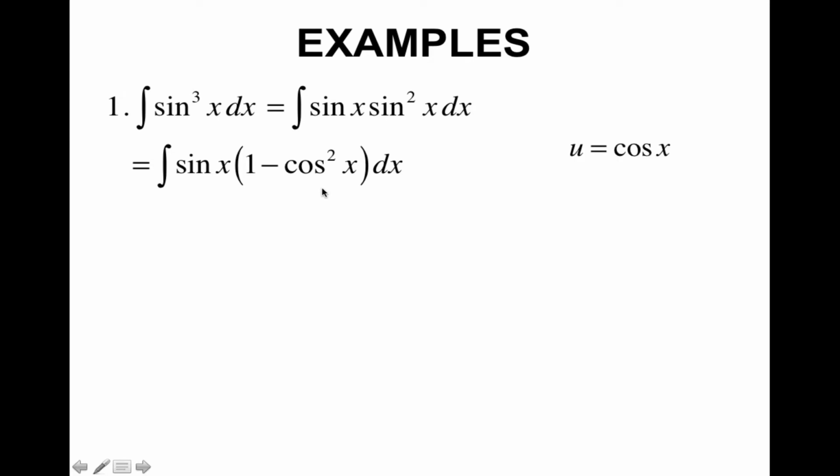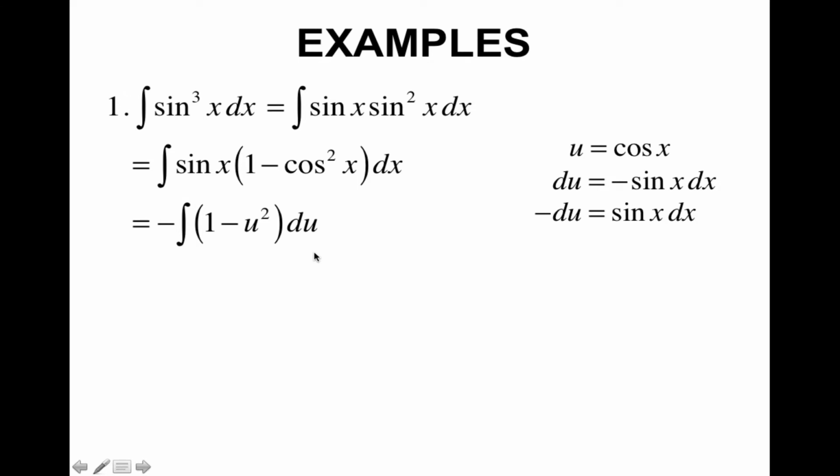That means my du is negative sine x dx. And you'll notice that we have a sine x dx here, just no negative sign. So I'm going to have to substitute in a negative du for sine x dx. Now when I do the substitution, I substitute in negative du for sine x dx, and u in for cosine.